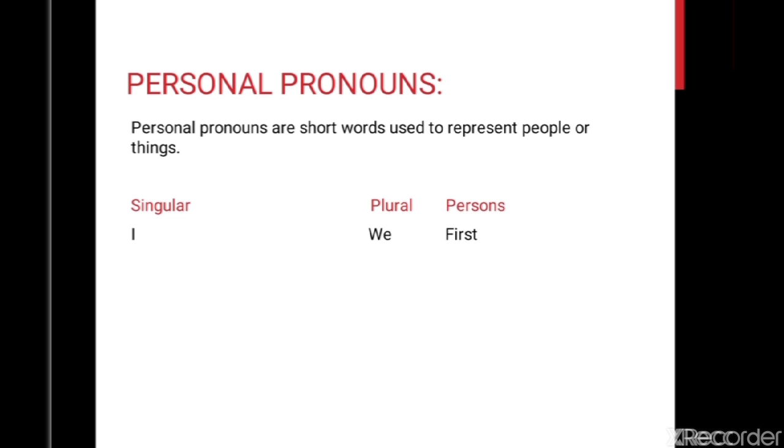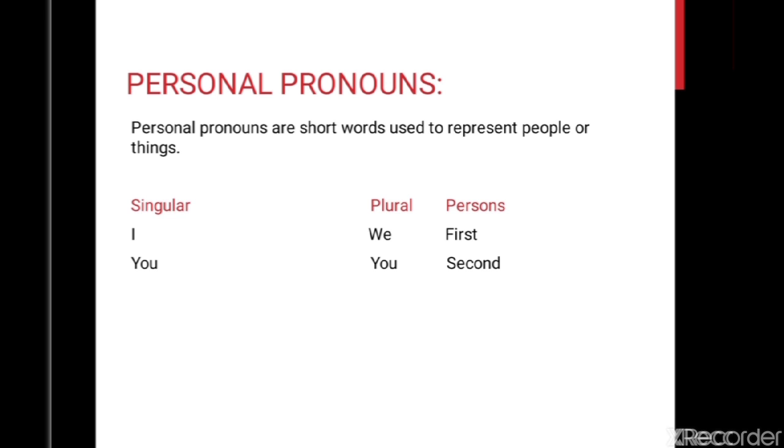I and we are called first person pronouns. Why? Because suppose I am talking about myself, I am using the word I. And in plural, if I am talking about all the persons including me, which pronoun will I use? We. And that's why I and we are called first person pronouns.